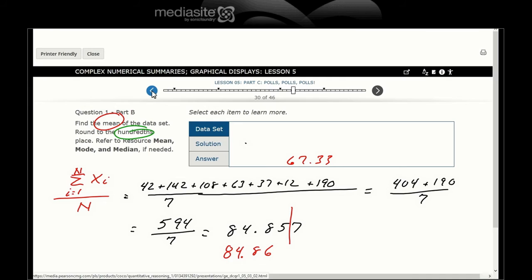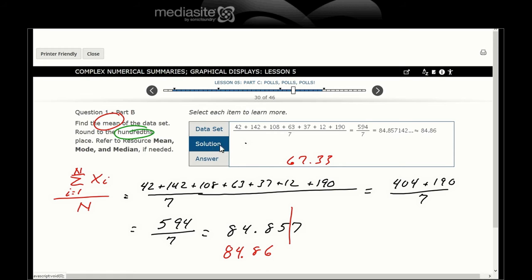Something skipped here. Okay, I'm not sure what happened there. Went back and forth. Okay, here's where we were. I must have hit a button wrong and went to the next slide.